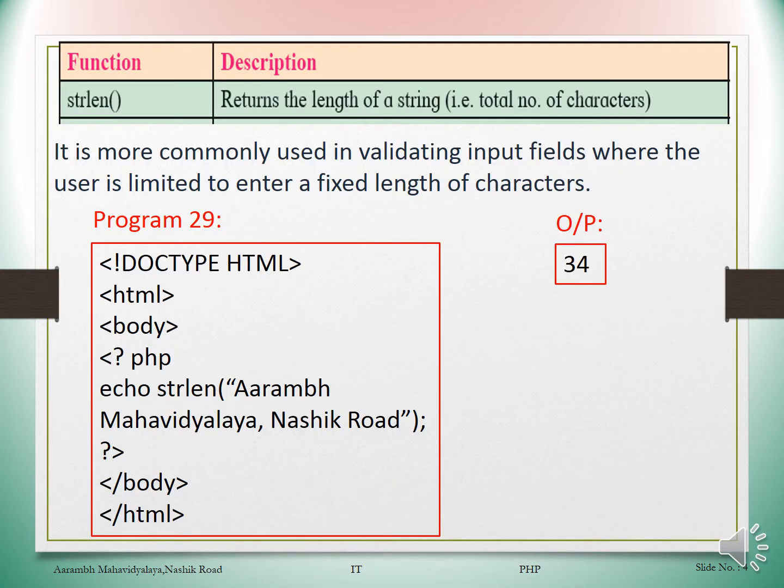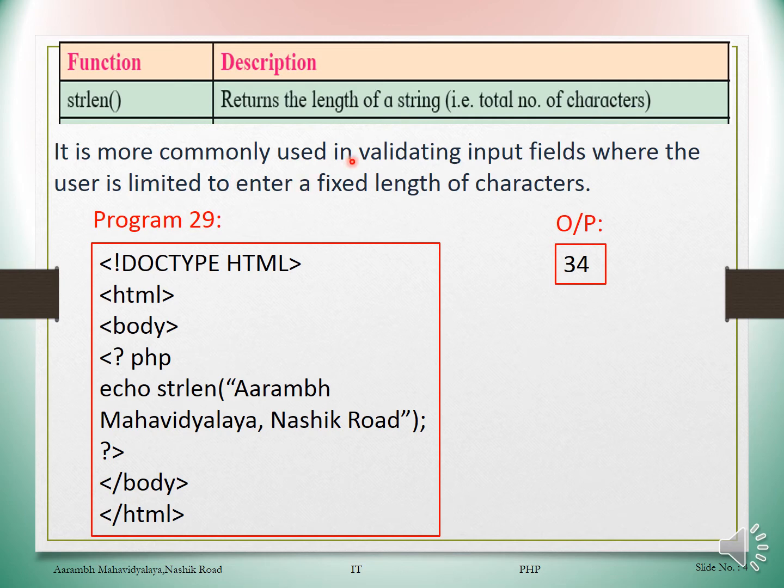First function is string length. It is declared as strlen, which is the short form of string length, followed by round brackets. It returns the length of a string. That means how many characters are provided within the string, that total count is provided by using this string length function.